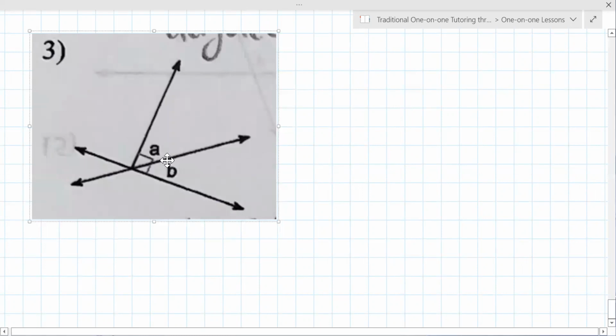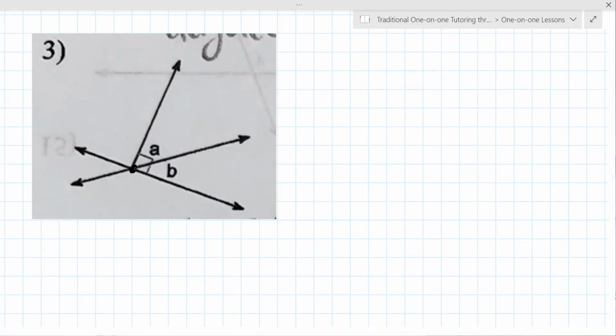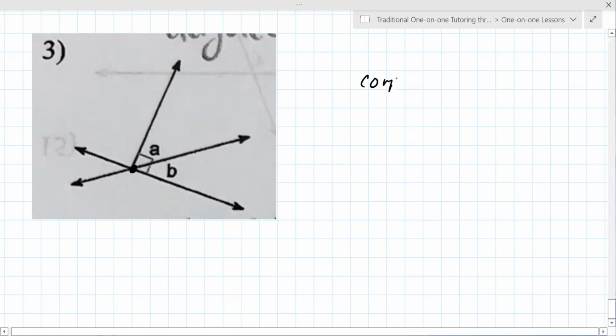A and B share the same vertex again. So they're definitely adjacent, but they're also complementary because they add up to 90 degrees. So complementary and adjacent.